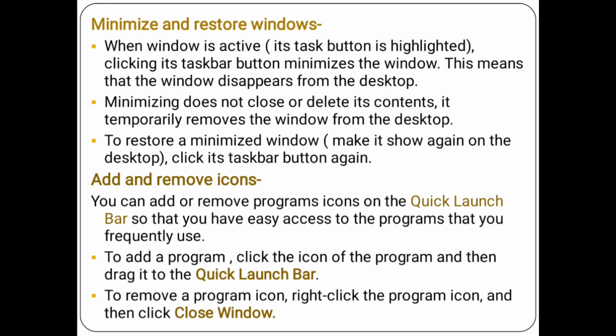So how will you do it? First, to add a program, you have to click the icon of the program and drag it to the Quick Launch Bar with the help of the mouse button. Just drag that program to the Quick Launch Bar and it will get located in the Quick Launch Bar. Next, how to remove it?